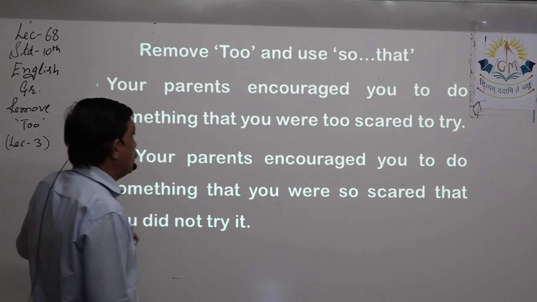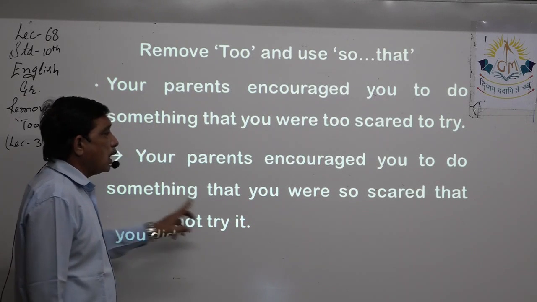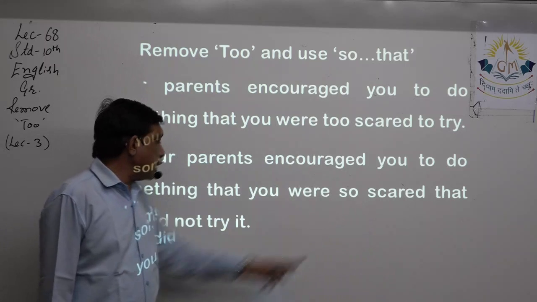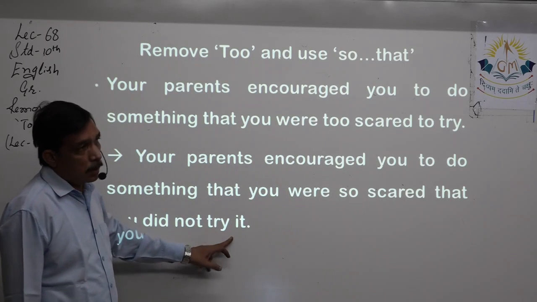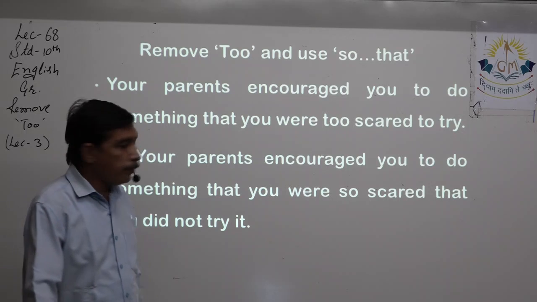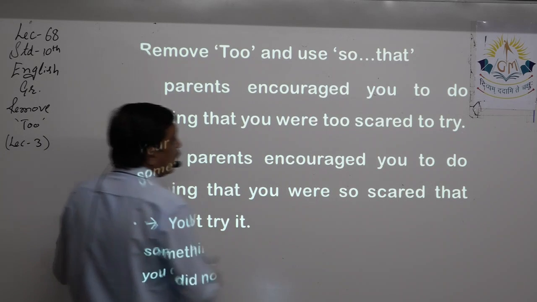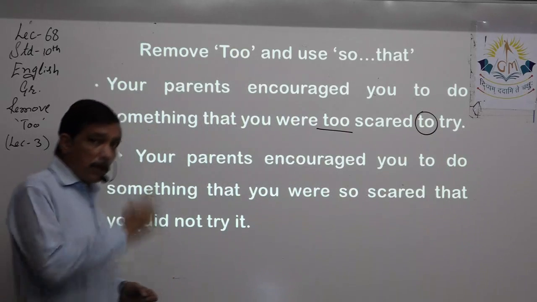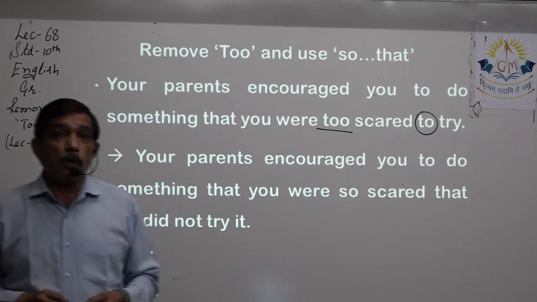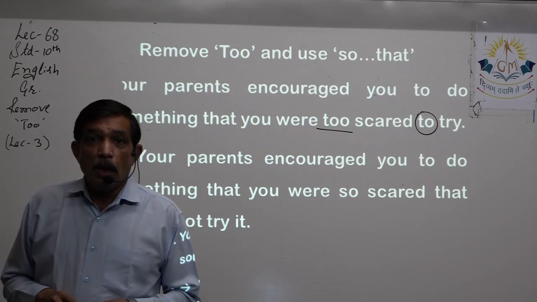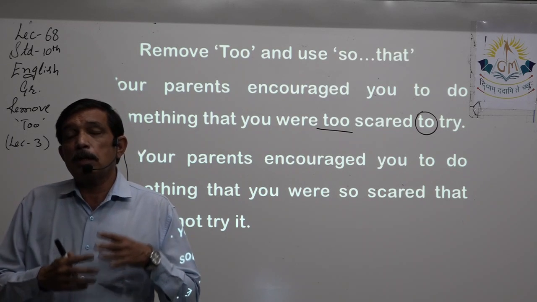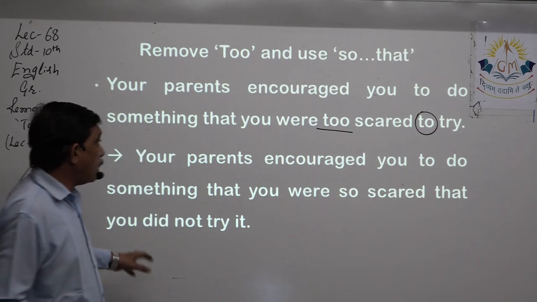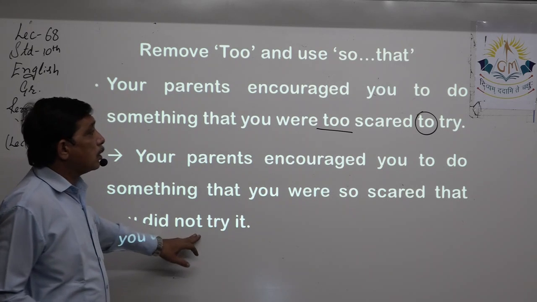Parents encouraged you to do something that you were so scared that you did not try it. Where is the change? To is there, but this to is a problem. If I want to remove to, then I have to insert 3 or 4 words. So that is what happened.